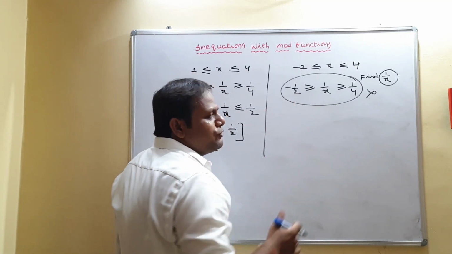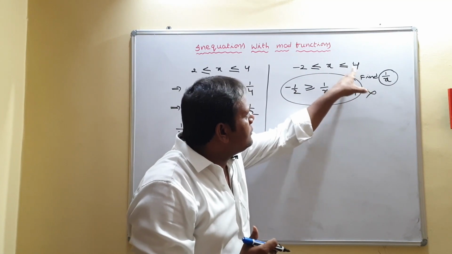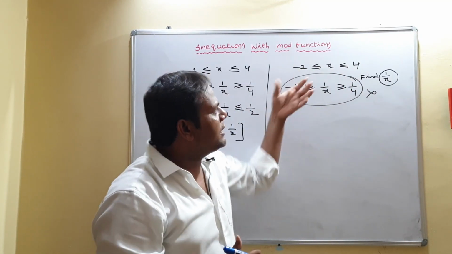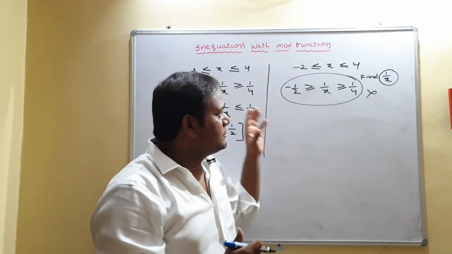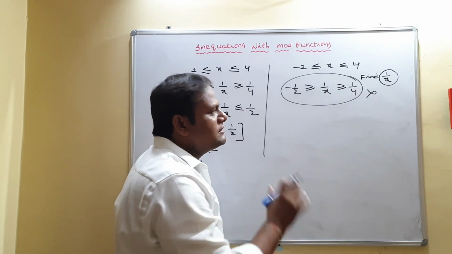So what do we have to do here? Between -2 and 4, we have 0. That is the reason we are unable to take reciprocals. That's why first you split this interval at 0.